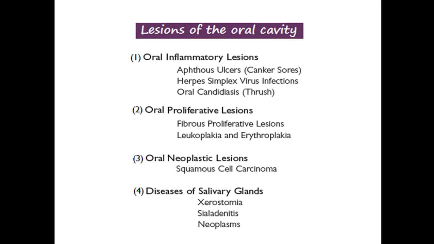The third is the oral neoplastic lesions, which consist of benign and malignant tumors, and the salivary glands, which are located inside the oral cavity, are also the target of many diseases. So, today we will discuss the first part of the disorders of the oral cavity, and the topic is the oral inflammatory lesions.